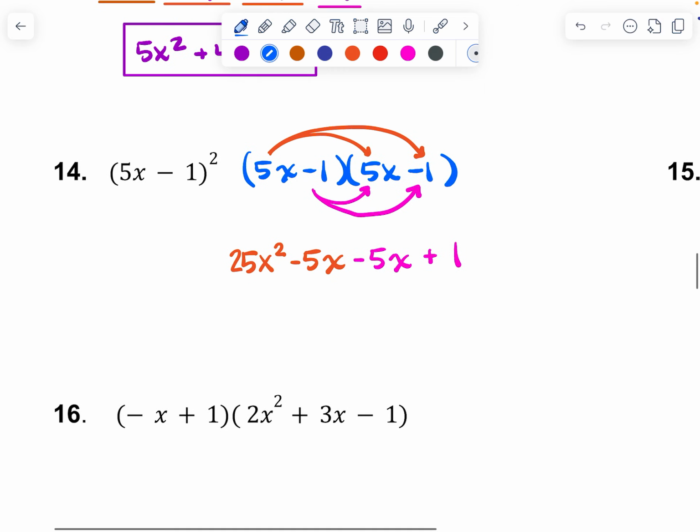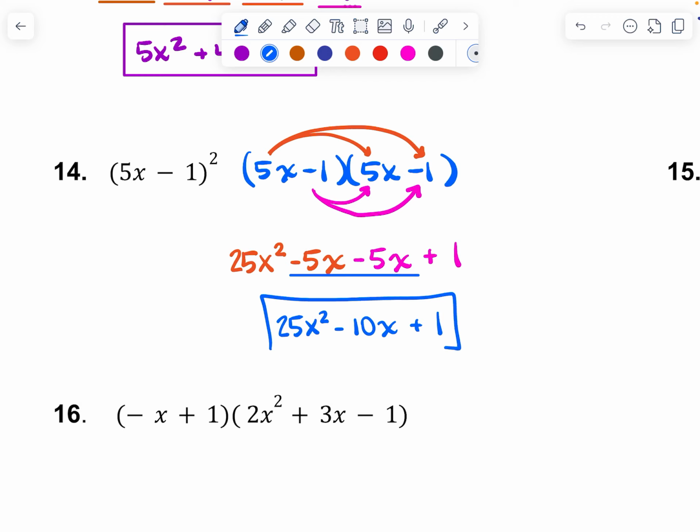And then, of course, we want to combine any like terms, which I only have right smack dab in the middle. So I'm going to bring down my 25x squared first because he's got the highest power. And negative 5x's and 5 more negative x's gives me a total of negative 10x's plus 1.